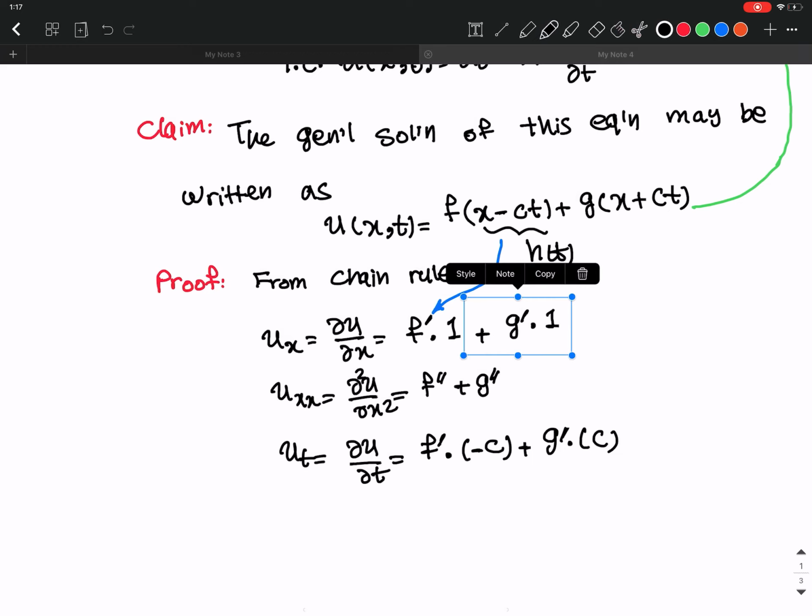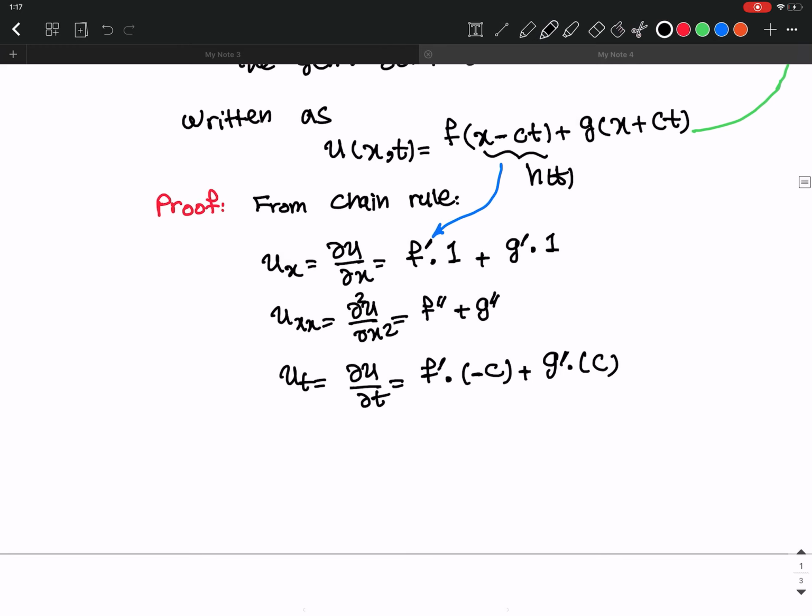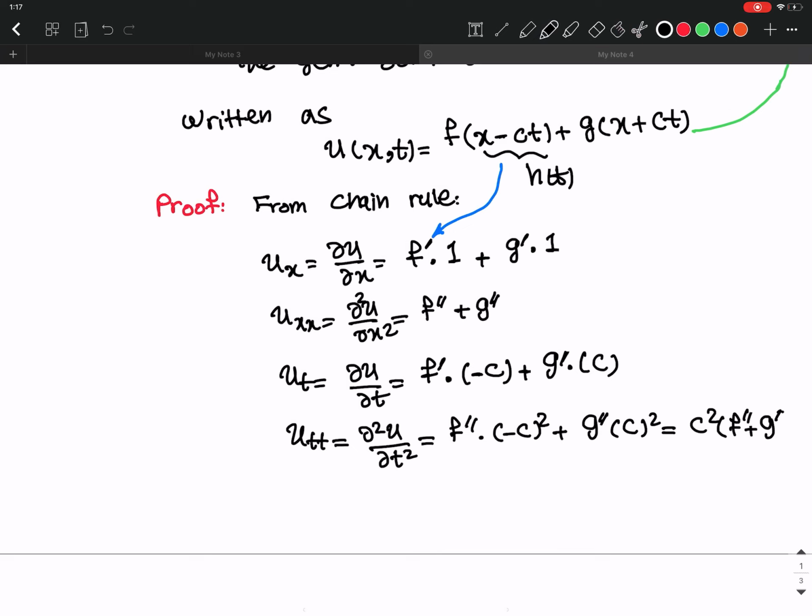This is the first derivative, and then the second derivative, partial squared u over partial t squared, equals f double prime times minus c squared... that is, c squared times (f double prime plus g double prime).